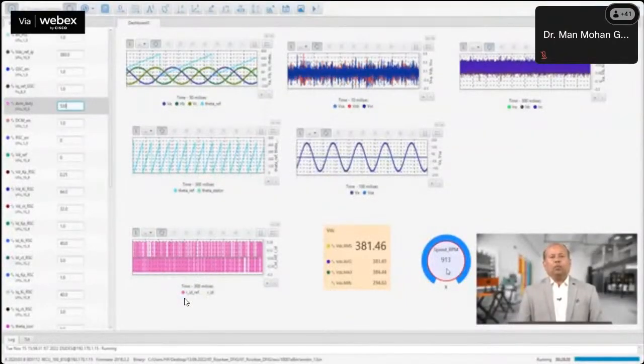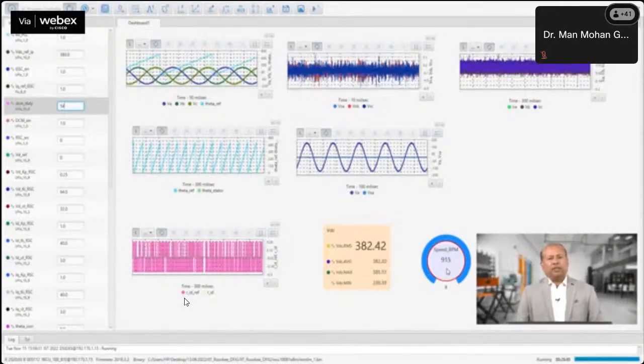We are varying the duty and notice that the speed keeps on increasing. We can check the rotation here in the speed panel. We see the DC motor is driving the induction machine.